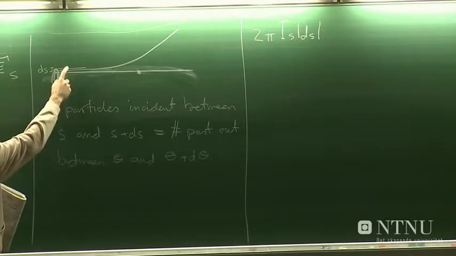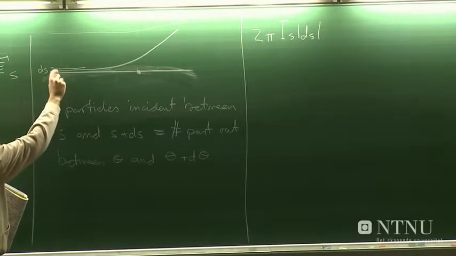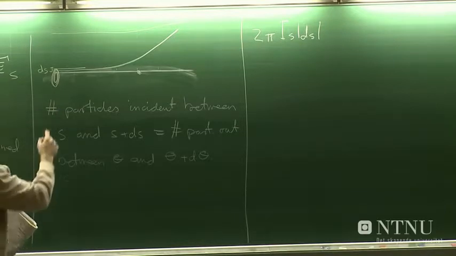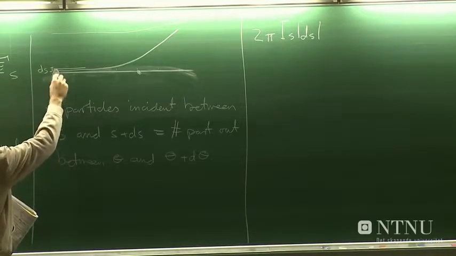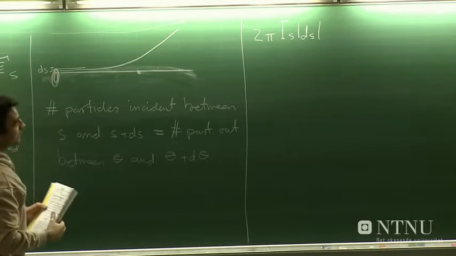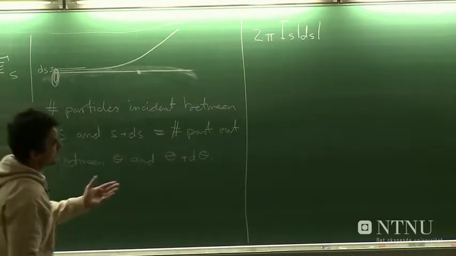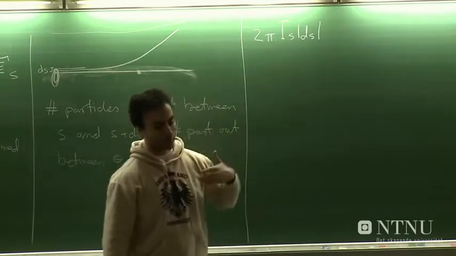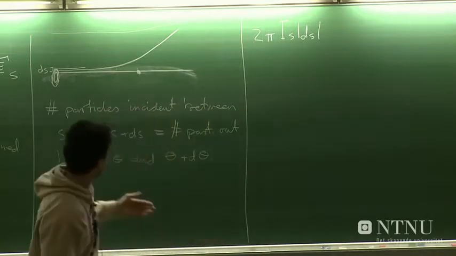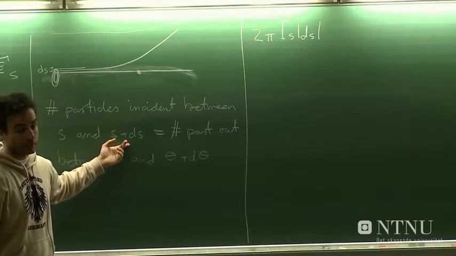So if we have two incoming trajectories here with dS separating them, then the area spanned by this cylindrical shell is 2 pi S dS. So this quantity should give the number of particles incident between S and S plus dS per unit time.